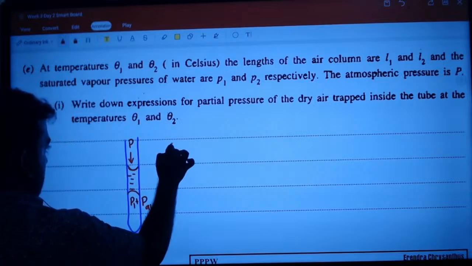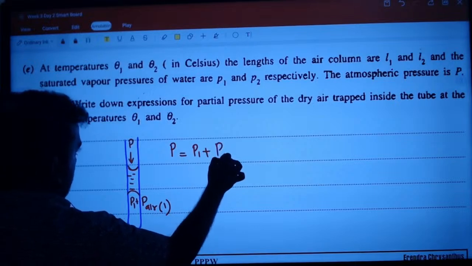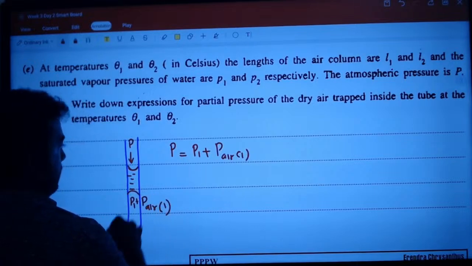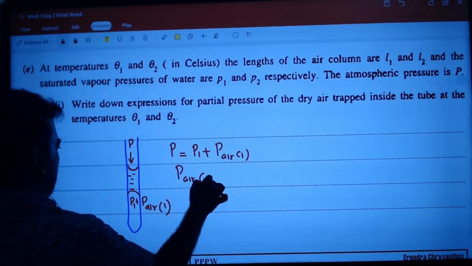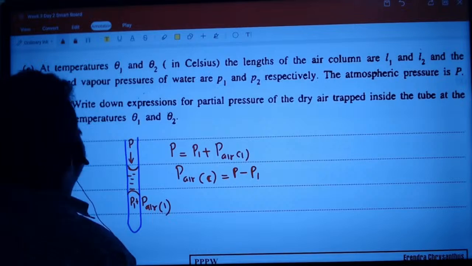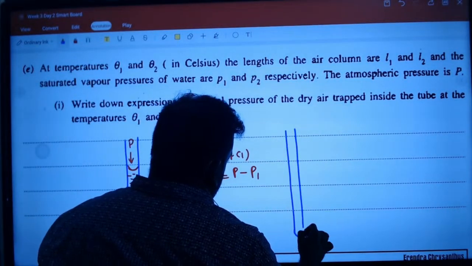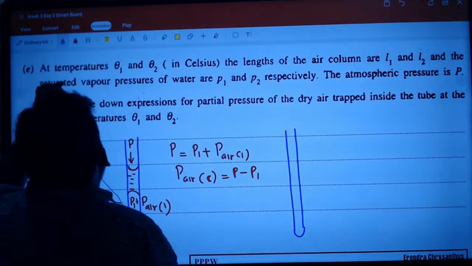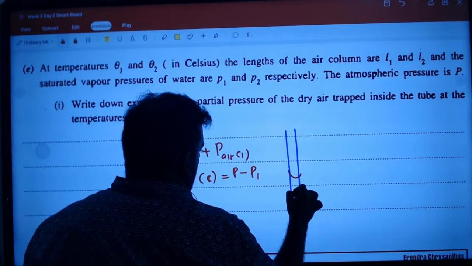So we can say P is equal to P1 plus pressure due to air, because the thread is very small. So pressure due to air is P minus P1. Same way, a tube is there. Let's say there is a water thread.